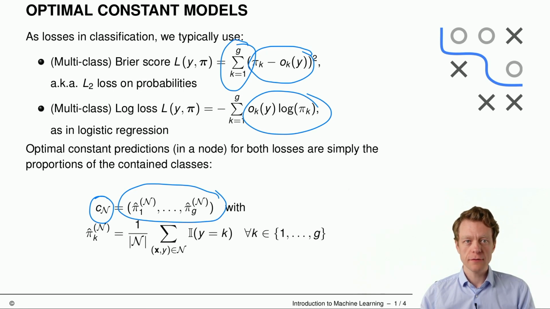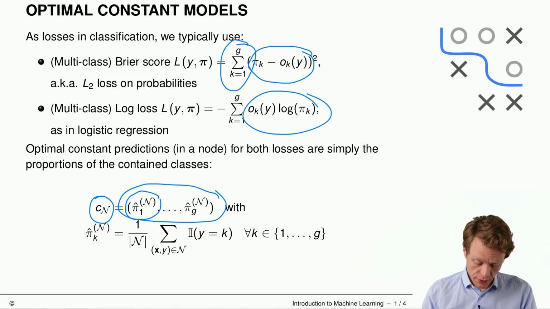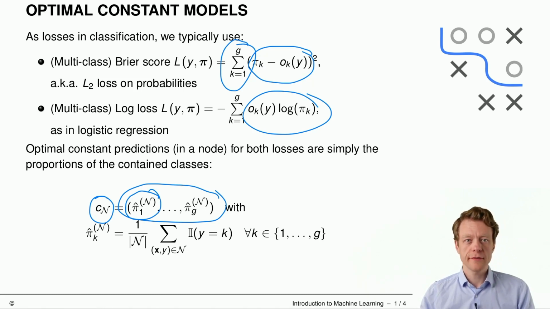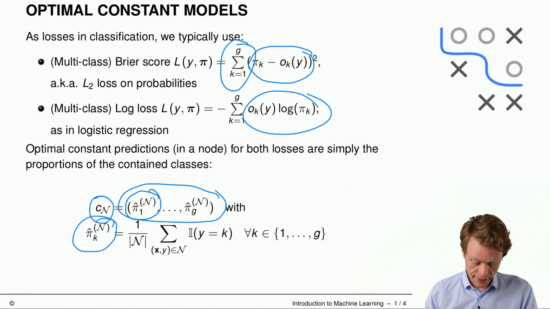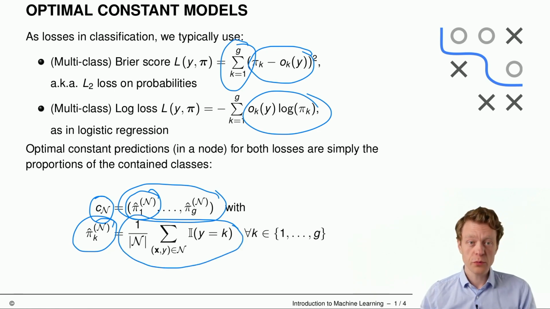We have g for the number of classes, and each entry of this constant prediction vector is just a proportion of the contained class. So for class k in node N, we compute the relative frequency of observations in that class.